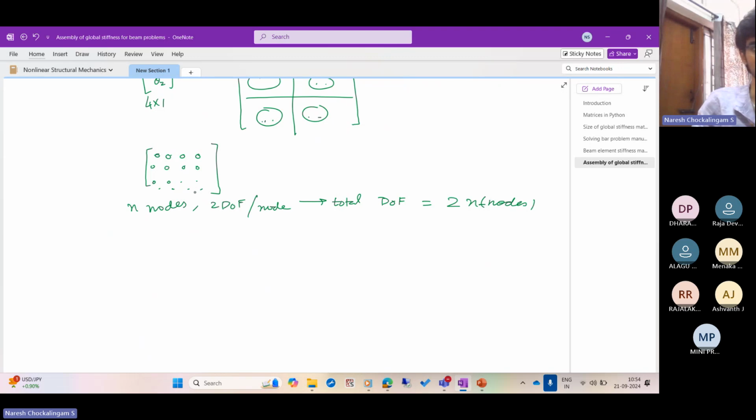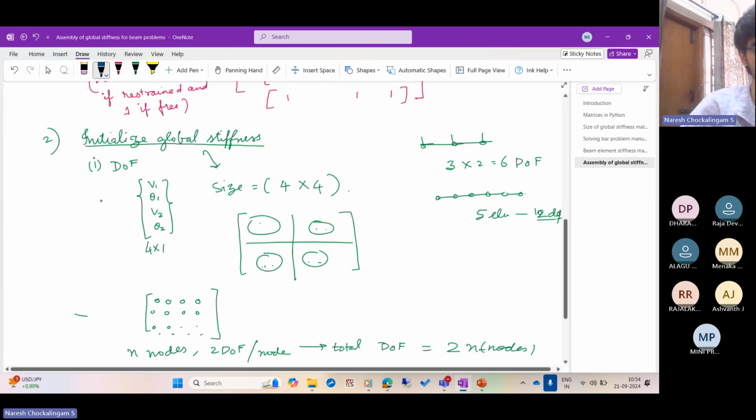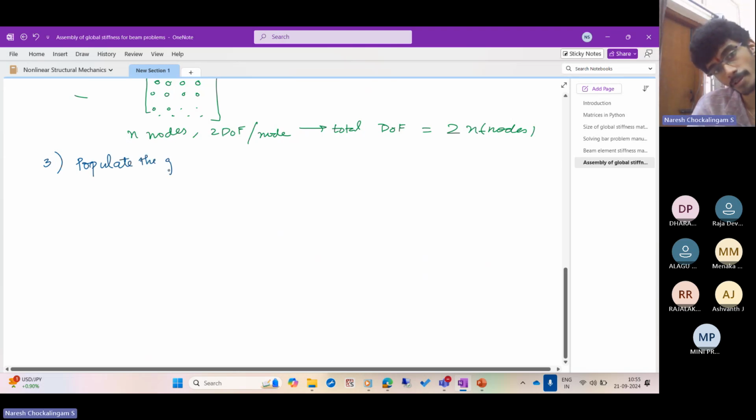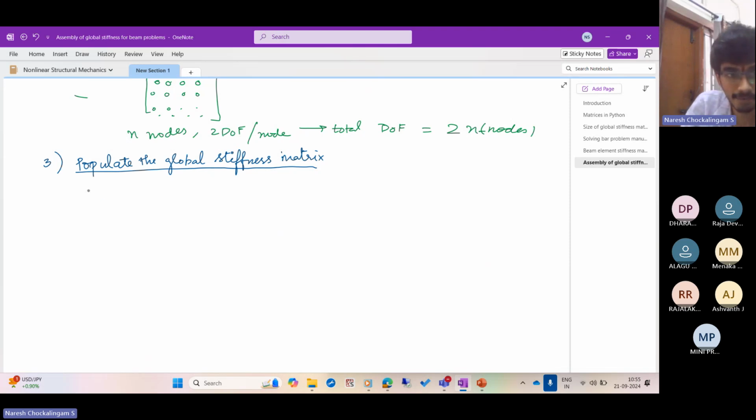So plugging it in. This is step number 3: populate the global stiffness matrix. How do we do it?